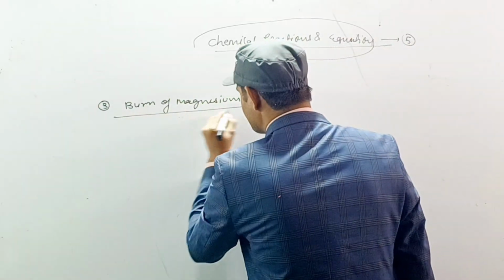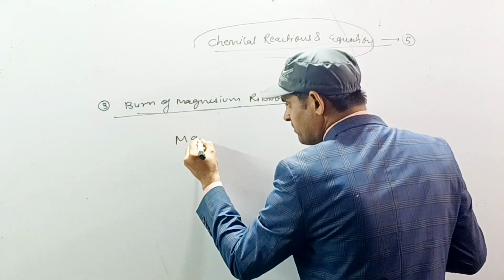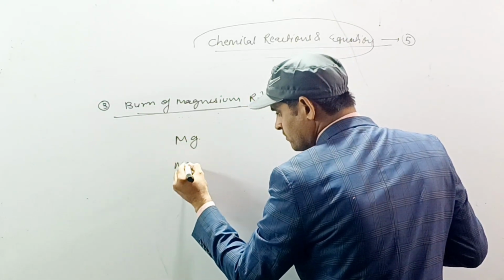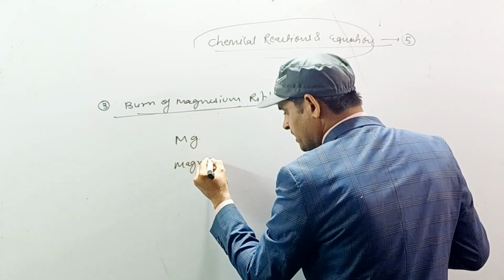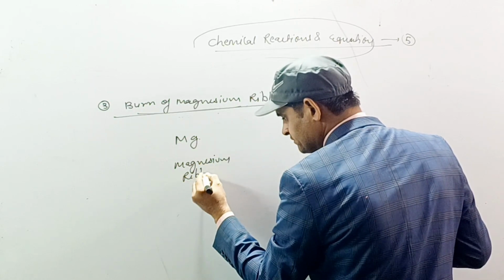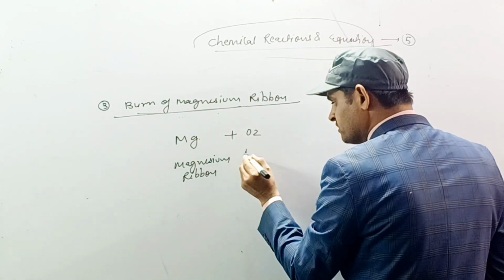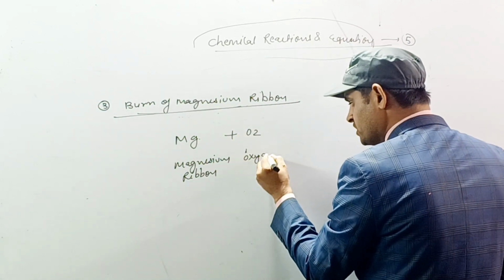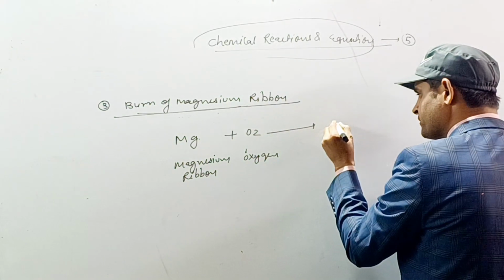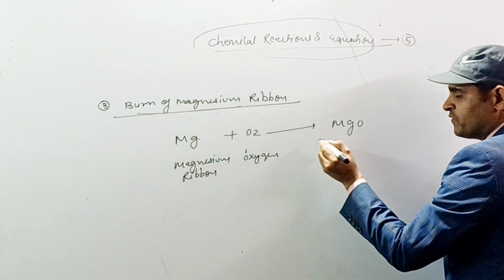The magnesium ribbon in the presence of oxygen forms magnesium oxide. This is an unbalanced equation.